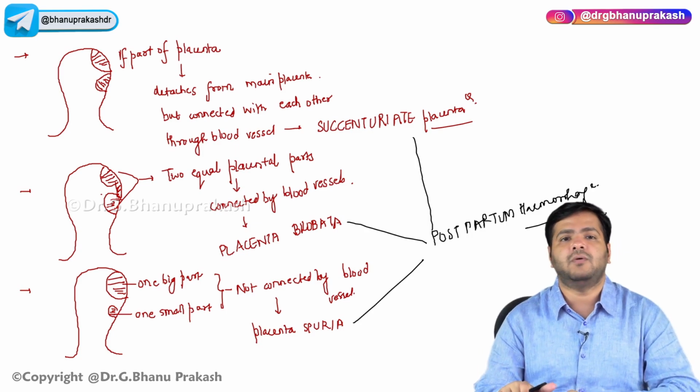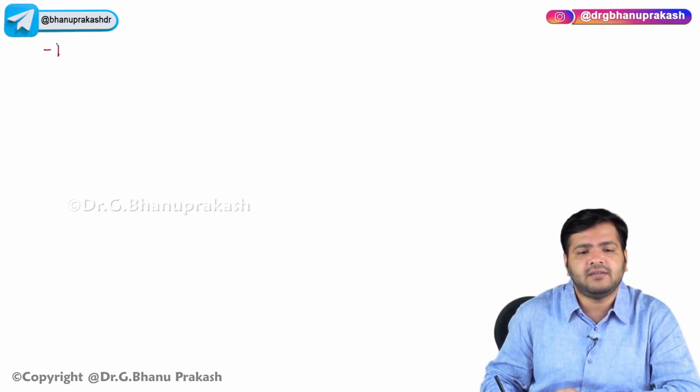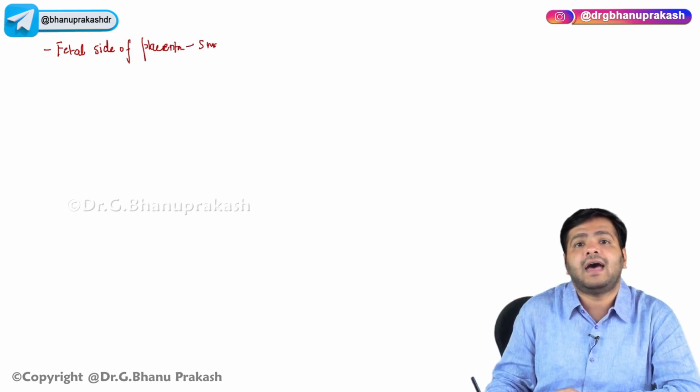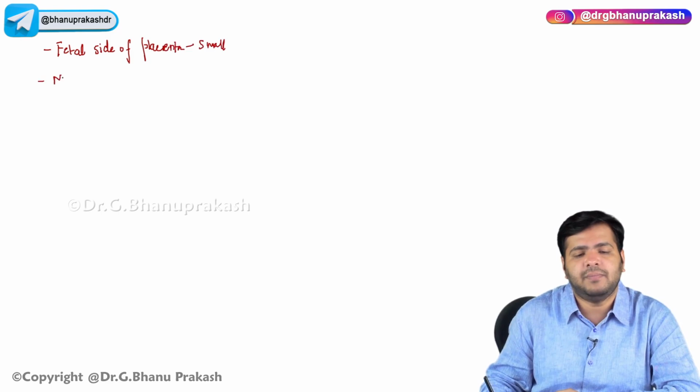Now, consider the case where the fetal side of the placenta is small. Normally, the fetal side of the placenta is 4 by 5 and the maternal side is 1 by 5. Now, suppose the fetal side of the placenta is small and the maternal side is big.